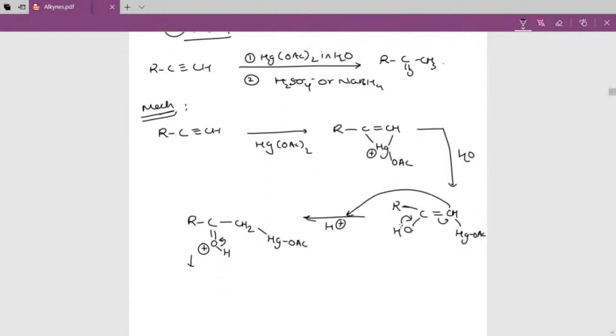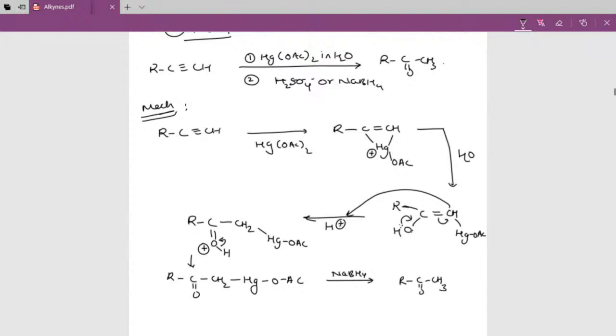If this is released, it will form RCO CH2 HgOAc. Now we have a ketone and we still have a HgOAc here. Any weak nucleophile that can come can remove this HgOAc very easily. So if they give NaBH4, then you reduce by that.